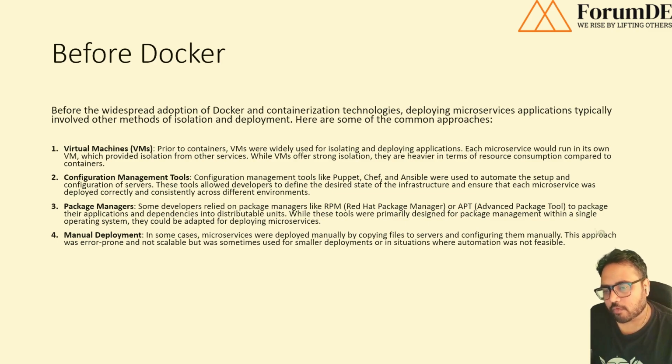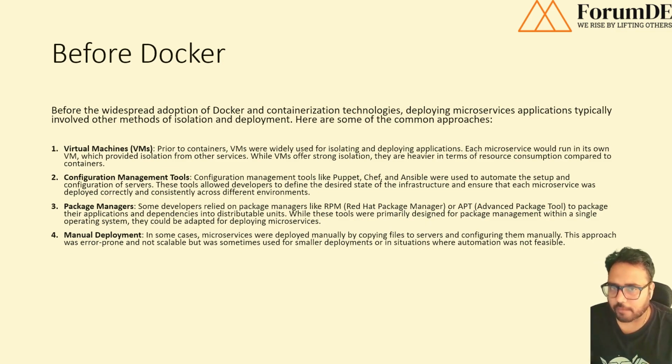All of this used to be pushed to virtual machines using some configuration management tool like Puppet, Chef, or Ansible, and sometimes some package managers were used like RPM or APT. And using these package managers and configuration tools, the developers or the operators would create workflows to deploy the software in virtual machines.